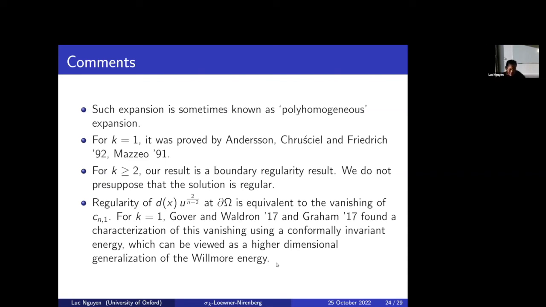So what they found is sort of a generalization of Willmore energy. So in our context, for k bigger than 2, we also have the phenomenon that the regularity of this function depends on the vanishing of that, but we don't have such a conformally invariant characterization of this coefficient.